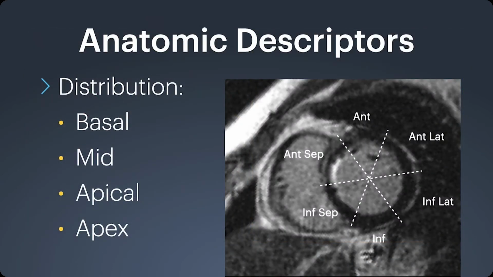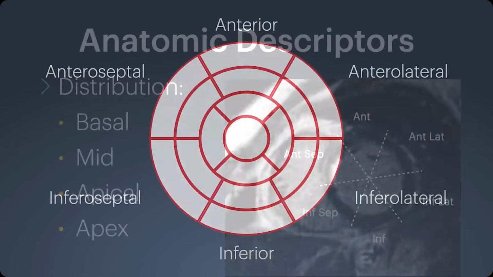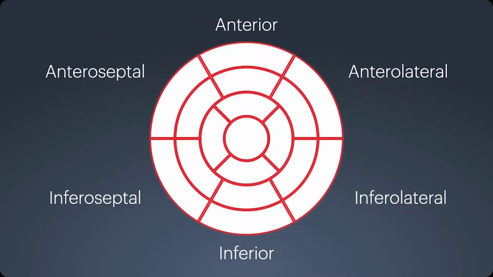In addition to the basal, mid, apical, and apex distribution, we can further subdivide this into myocardial segments. We're going to review these here. This is what's known as the 17-segment model, and it takes the basal, mid, apical, and apex, and further subdivides it into various categories, anterior, inferior, lateral, and septal.